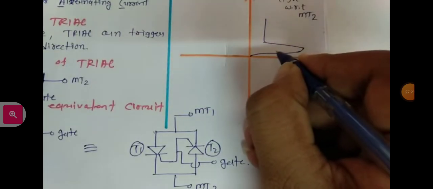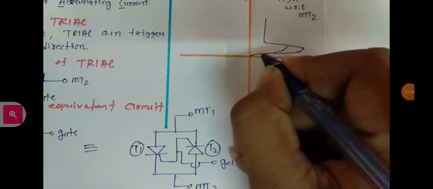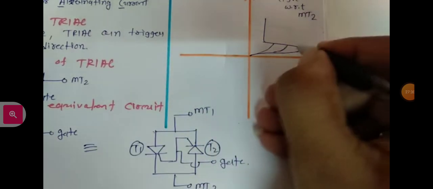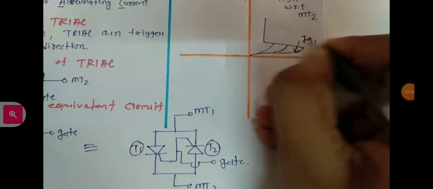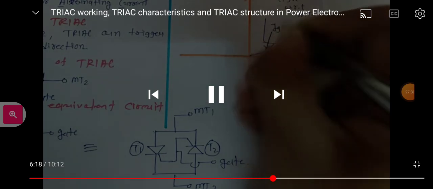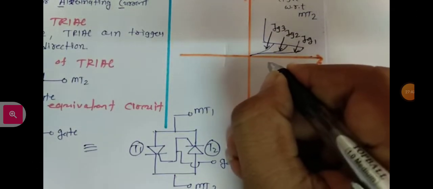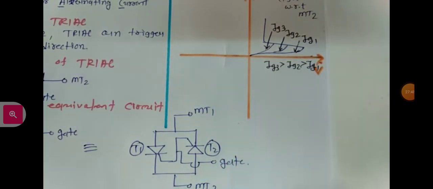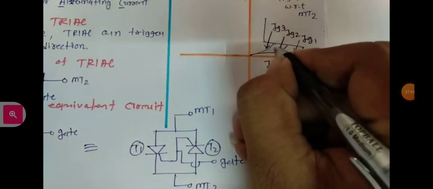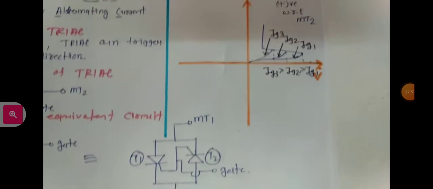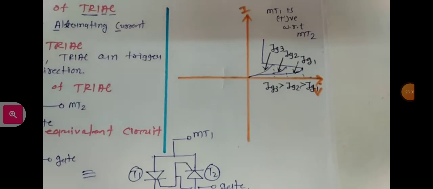As we increase gate current, triggering will happen earlier. If I say this is for IG1, this is for IG2, and this is for IG3, then IG3 is greater than IG2, which is greater than IG1. It means as gate current increases, forward voltage decreases. So this is how the characteristic is when MT1 is positive with respect to MT2.